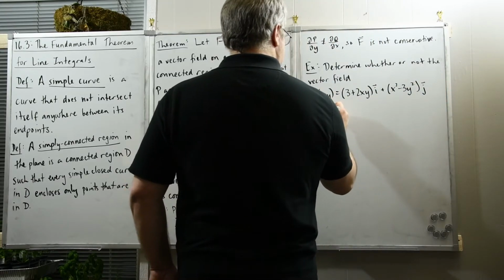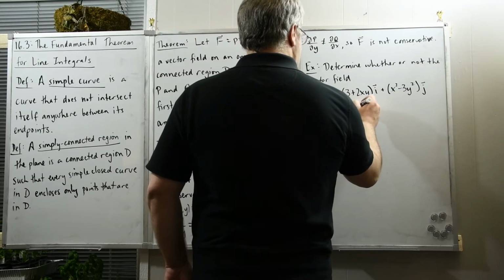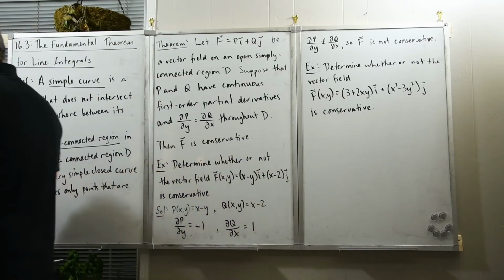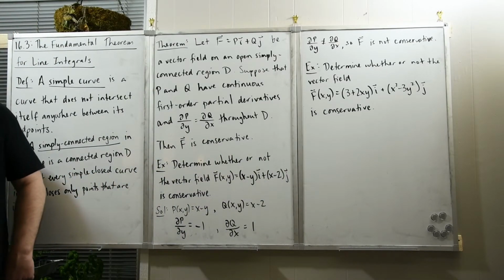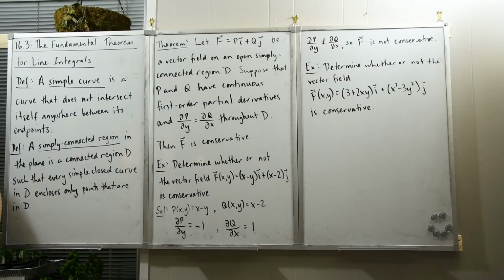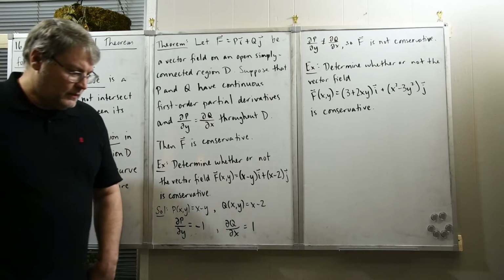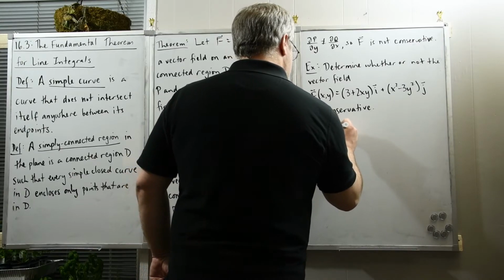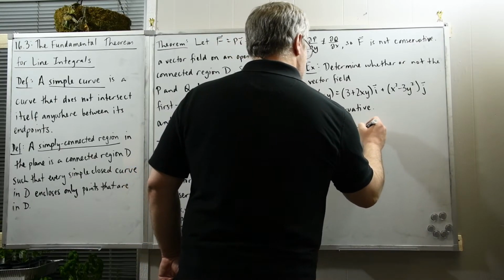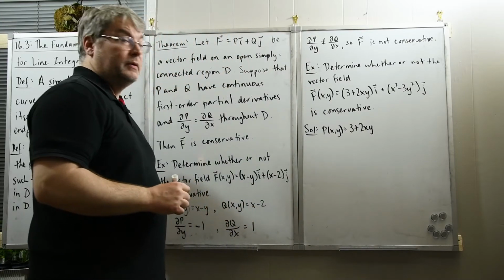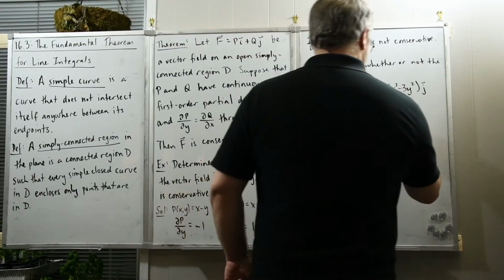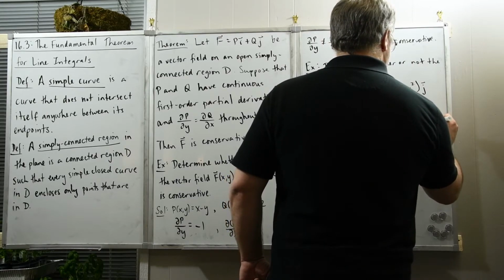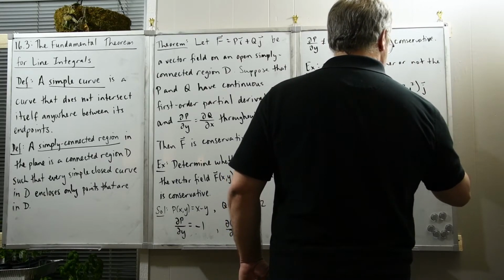So we'll determine whether or not that's conservative. Well, in this case, notice that our P of x, y is 3 plus 2xy, and our Q of x, y is x squared minus 3y squared.